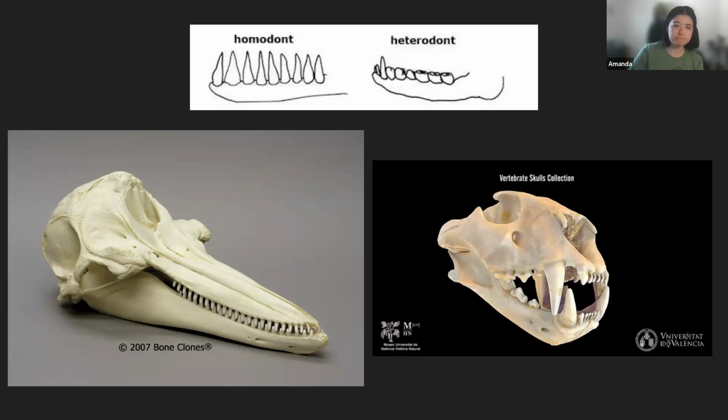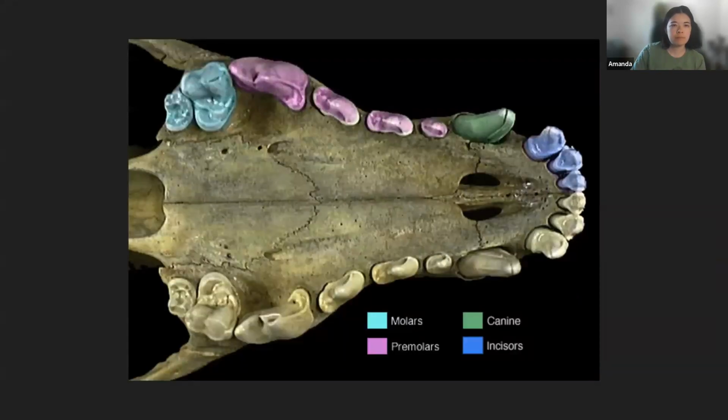And most mammals are heterodonts, with the exception of our toothed whales. In mammal heterodonts, we primarily see 4 teeth types. We have our incisors, our front teeth, our canines, which are just the pointy tooth, and then we have cheek teeth, which include premolars and molars.